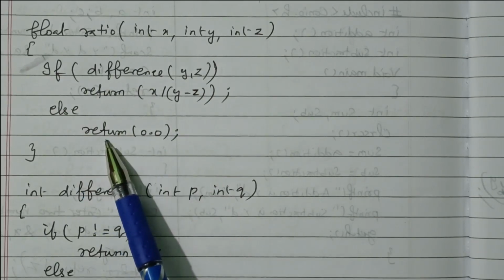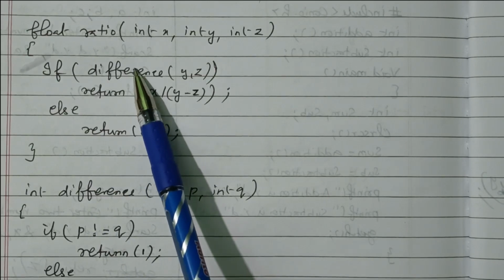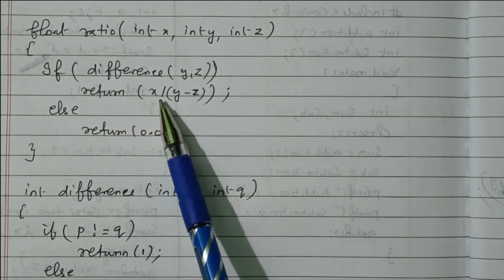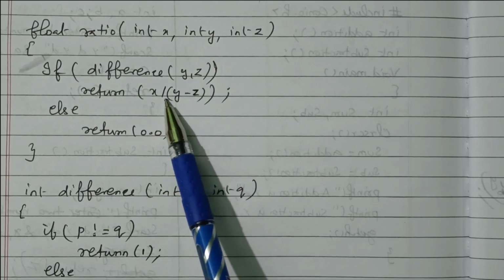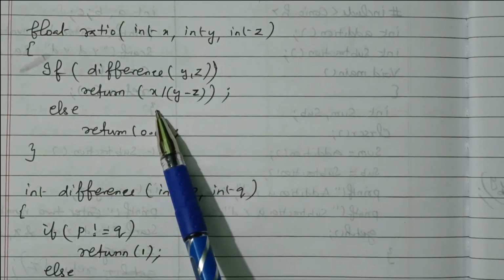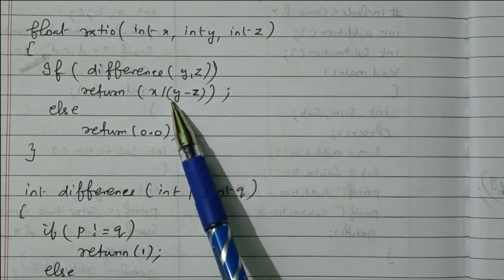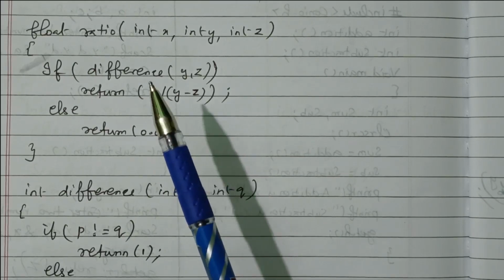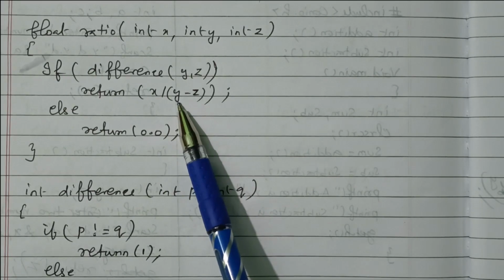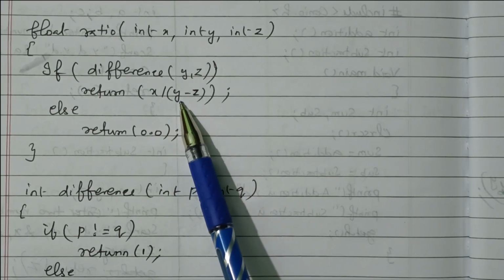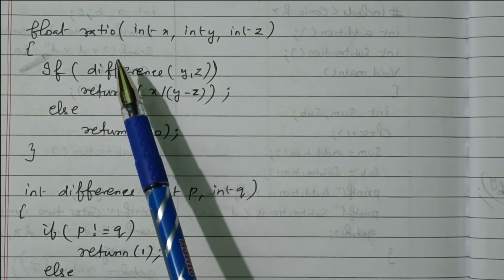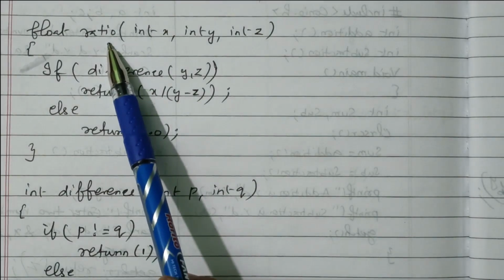We cannot perform the operation. If it is 1, then it will return x divided by y minus z. This is our expression. We need to find this expression. So x divided by y minus z will be performed, and this answer will be returned to the function where we called it in the main program, right? So from the main program, the control is transferred to ratio.